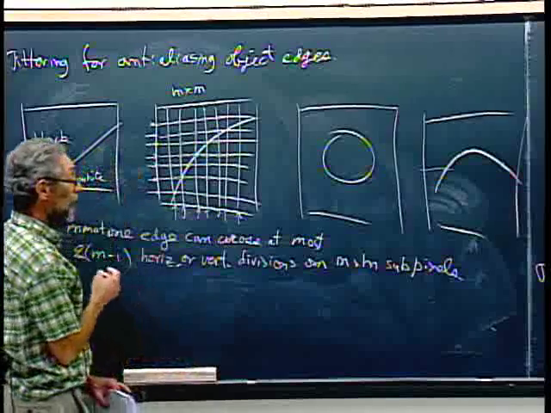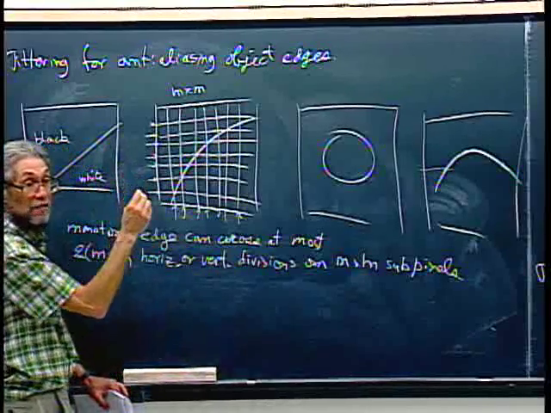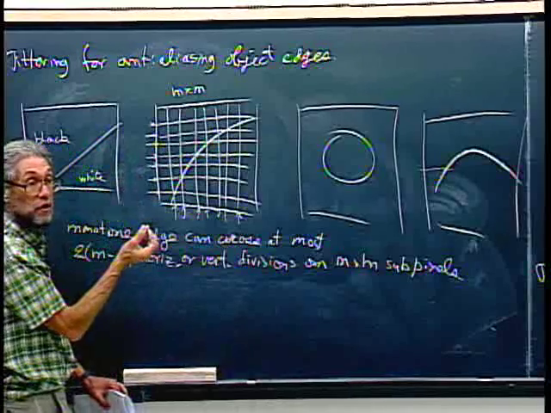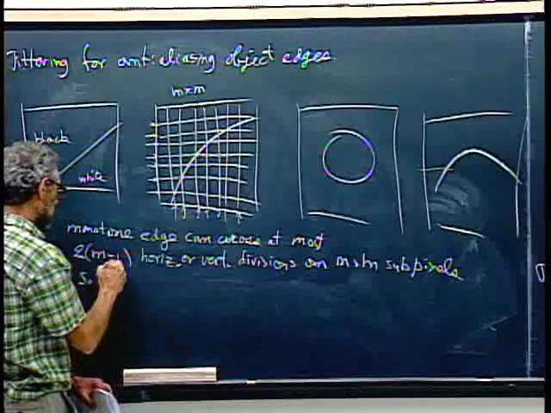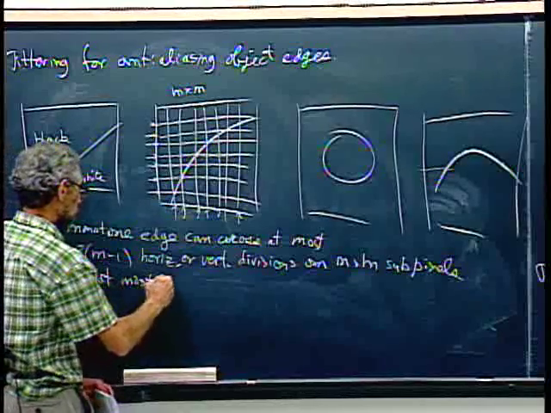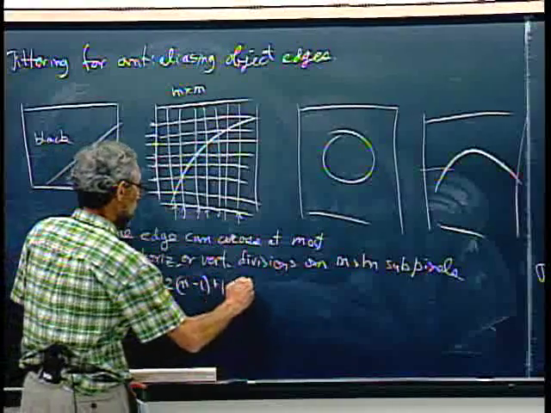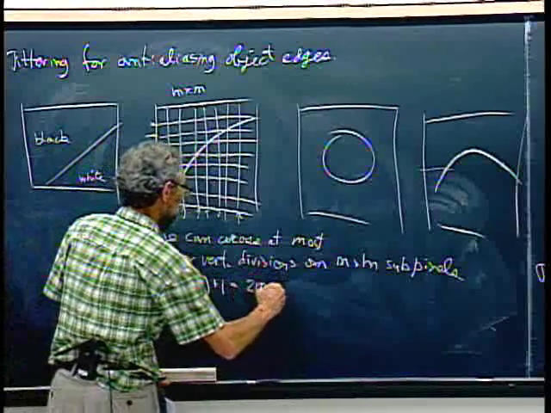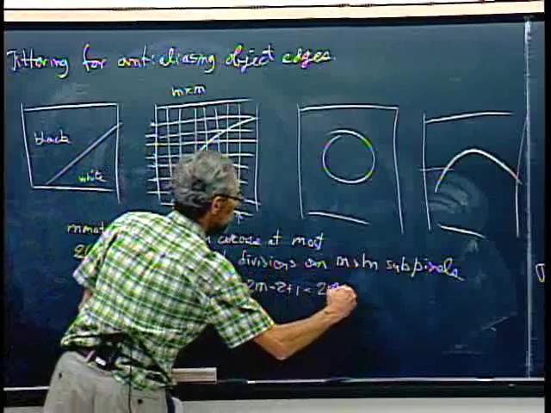And that means if you count the first one it was in, and then every other one has to be gotten by crossing one of those edges to see all the ones it goes through. So at most one more than that, 2m minus 1 plus 1, which is equal to 2m minus 2 plus 1, which is 2m minus 1.